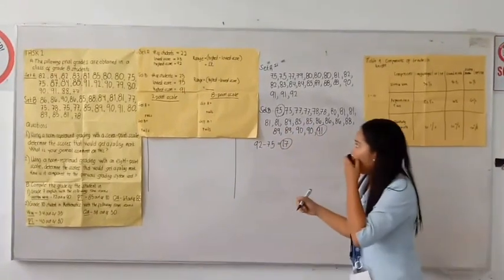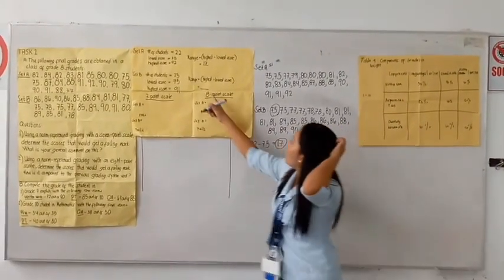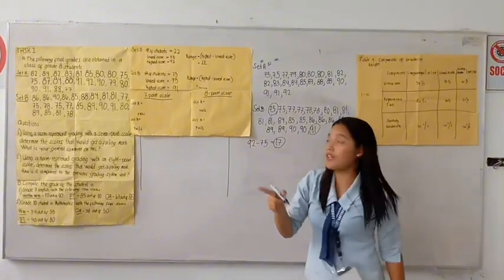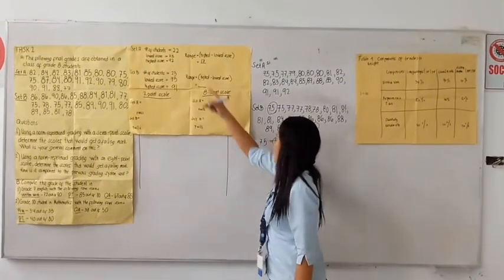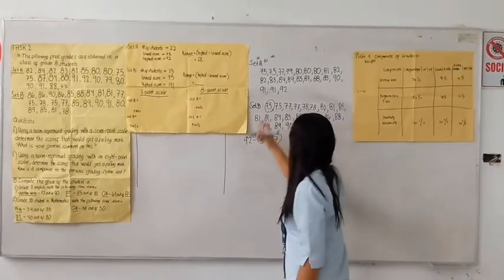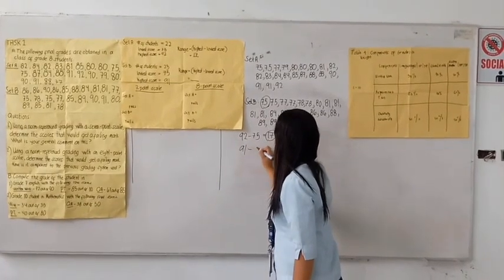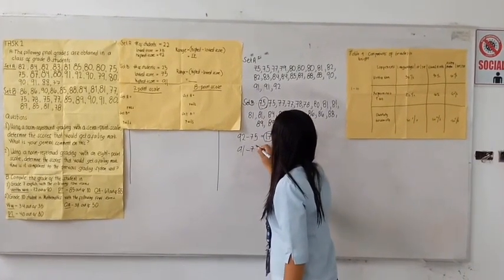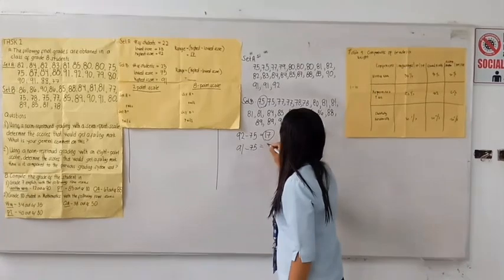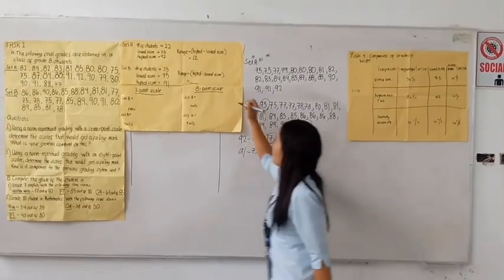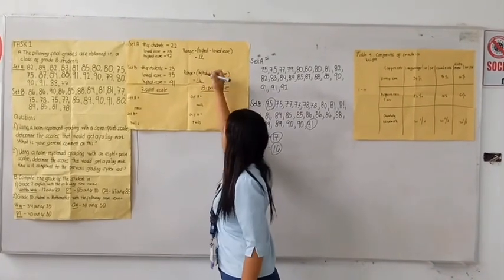In order to get the range, we have to know the difference between the highest and lowest score. So 91 minus 75 is 16. So we have 16.